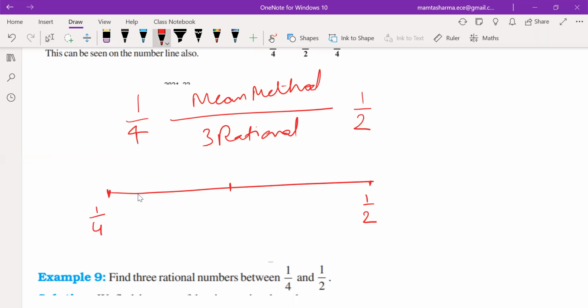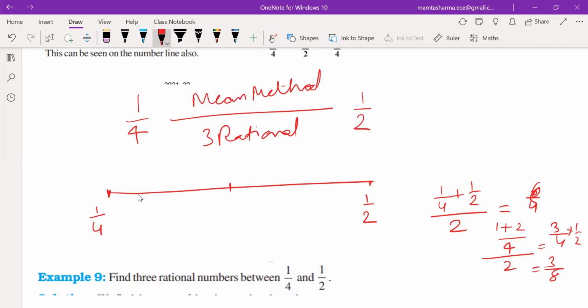The LCM is 8, so 1 plus 2 is 3 by 4, into 1 by 2. This is 3 by 8. So the mean method is giving this number as 3 by 8.